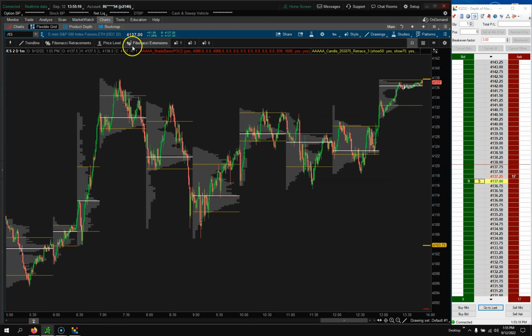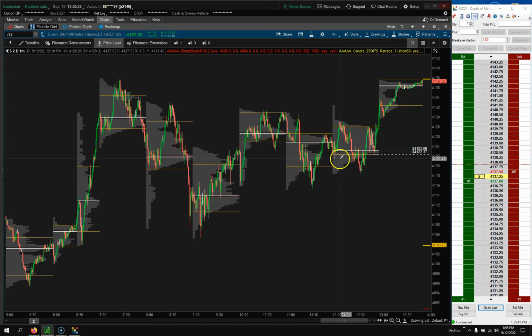I'm looking at the markets and I go, hey, I really like this level right here. Why? Because it's an untouched point of control, and right below this you actually have an untouched value area low. So it's kind of like double support at this level.